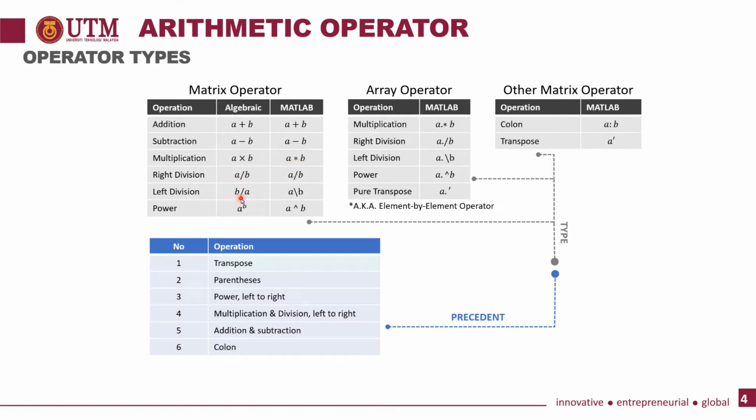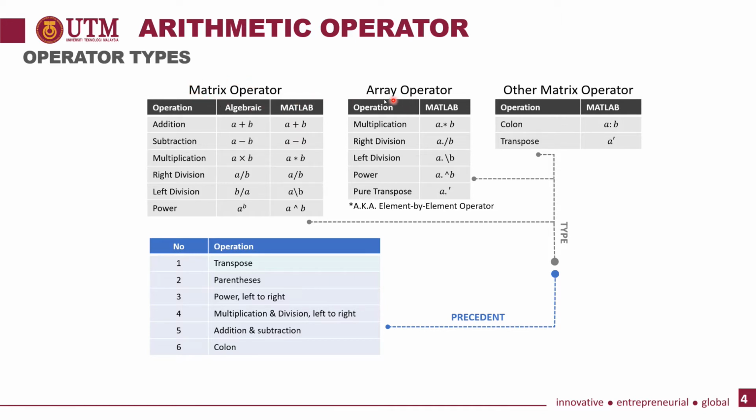For left division you reverse the locations of the variables, but in MATLAB you use a backslash, the inverse division. And for power, it is a to the power of b, where b is put upwards. But in MATLAB you need to use the caret symbol between a and b. This is used for the matrix operators.